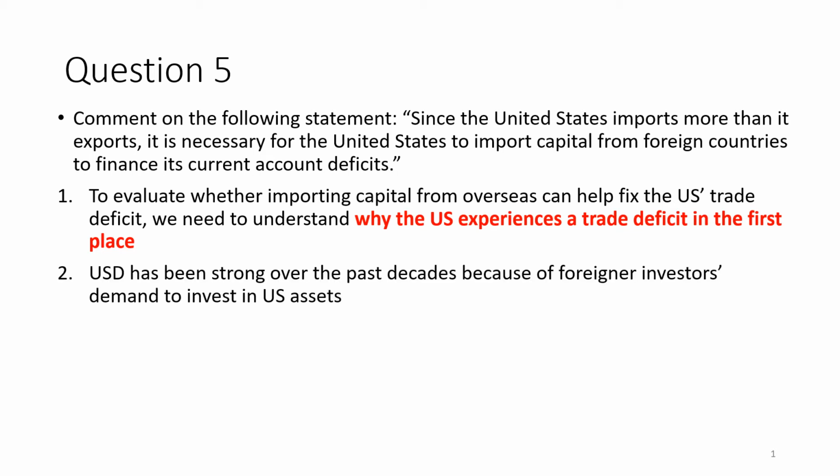So as we mentioned before when we talked about question 3 with the US account deficit, in the past few decades there has been a strong demand for USD, right? Either from central banks that need to hold foreign currencies. So we talked about the gold exchange standard, when central banks hold US currencies as an additional source of reserves, right? To grow the money supply.